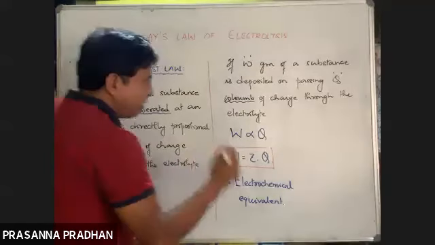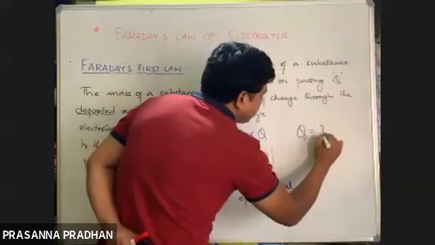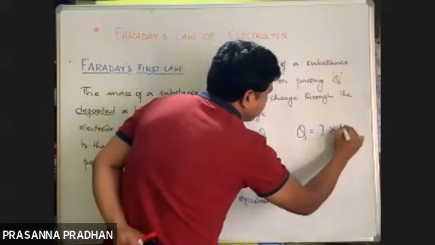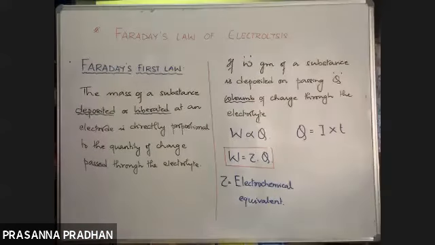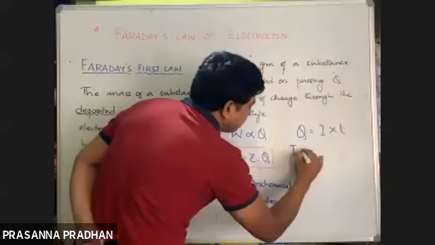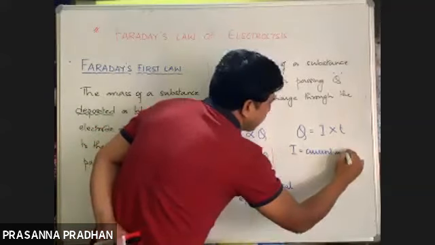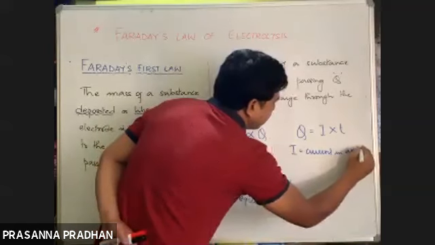Yes, we all know the relationship. Q is equal to I into T. So what is I? I is your current in ampere.